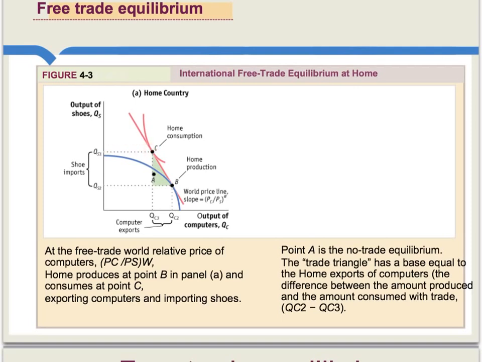So here, if the home country is producing at point B, but consuming at point C, then we find the net exports of computers are given by this amount, that is the difference between B and C on the horizontal axis, representing computers, and the import of shoes is given by the difference between this point here and that point there, and here is the quantity of shoe imports. We see exactly what the theorem had predicted, namely that the home country, the capital-intensive country, is exporting the capital-intensive good, namely computers.